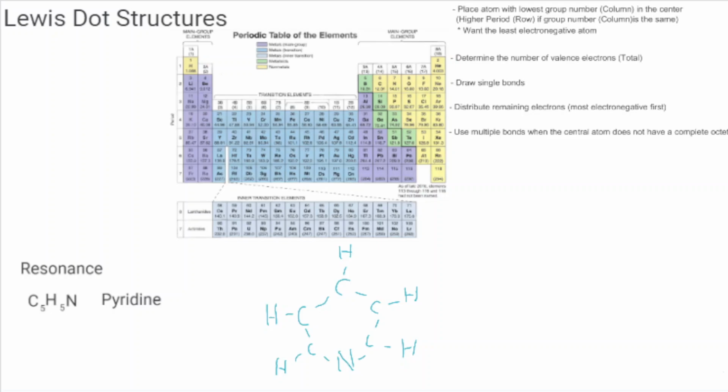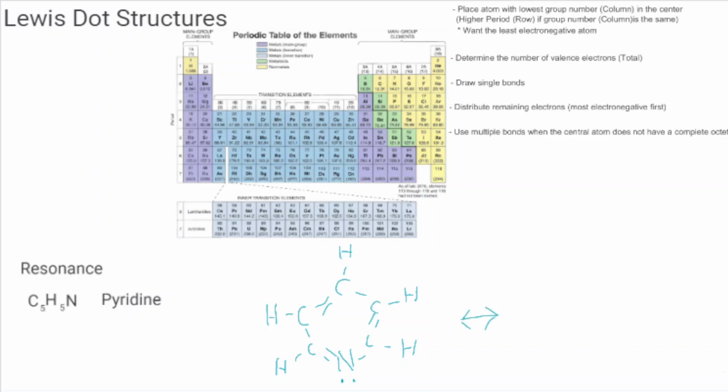And nitrogen's fairly electronegative compared to carbon. We'd also end up having to have double bonds between essentially alternating carbons in there. And so this obeys the octet structure. You can check it out for yourself if you like.